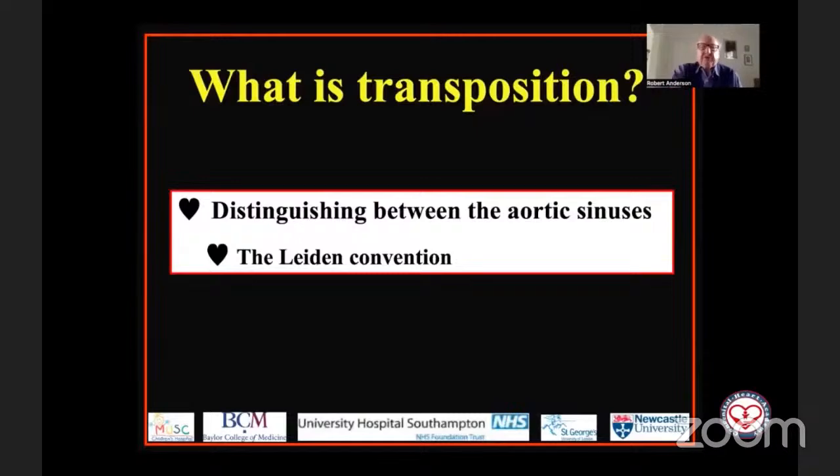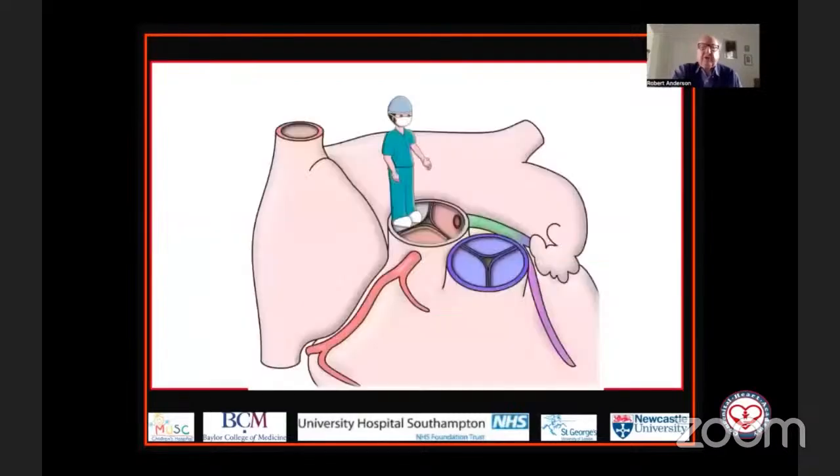And let me illustrate to you the Leiden convention, first of all, in the normal heart, because the Leiden convention depends upon the individual looking at the coronary arteries, here depicted as a small cardiac surgeon. The surgeon is standing in the non-adjacent sinus here of the aortic root and is looking towards the normally positioned pulmonary root.